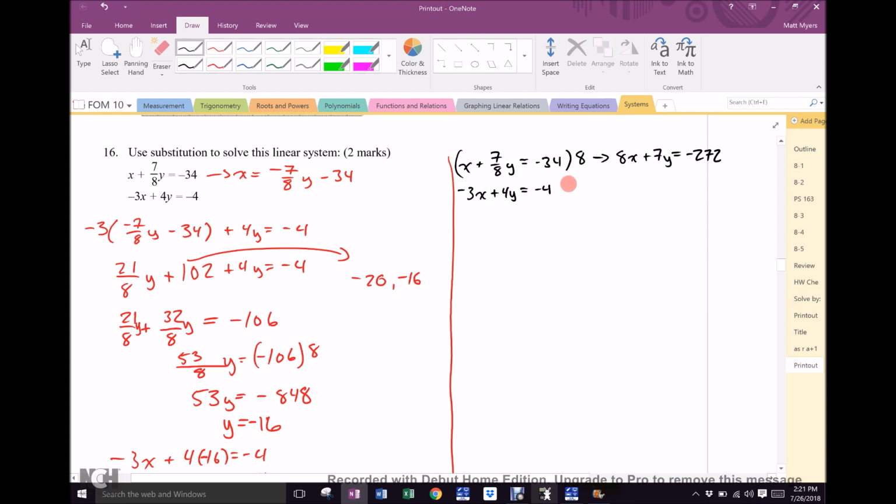So I can see that the x's work together nicely if I change them. If I multiply that by 3, I get 24x plus 21y equals negative 816.